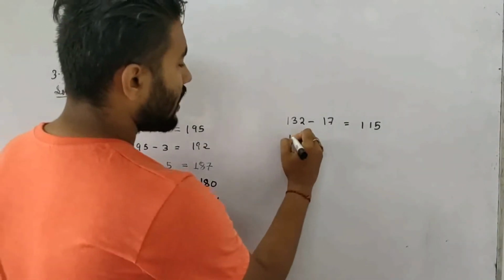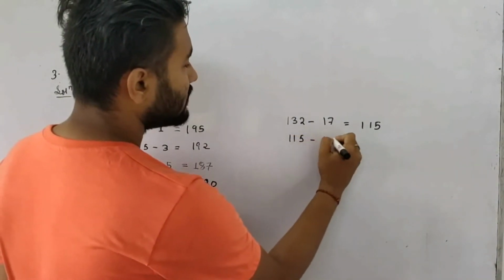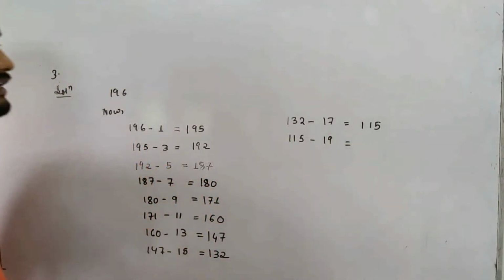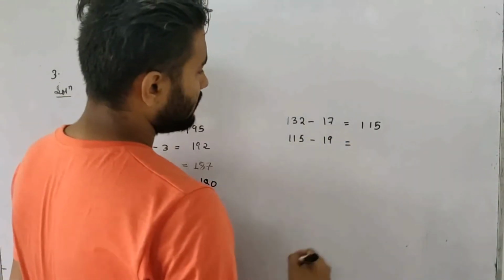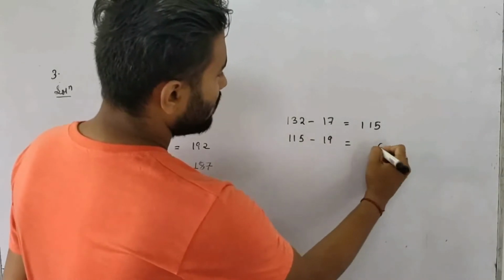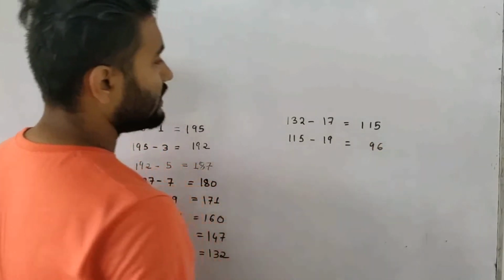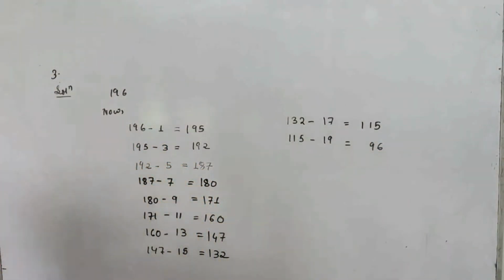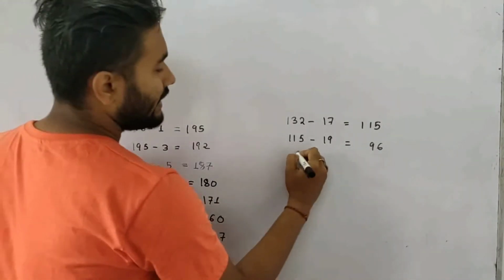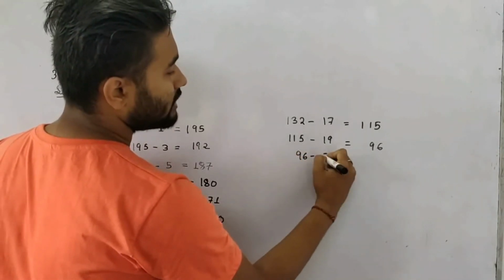After that, 115 minus the next odd number, 19, is 96, isn't it? Then after that, 96 minus the next odd number.